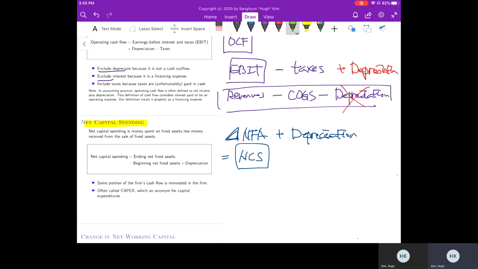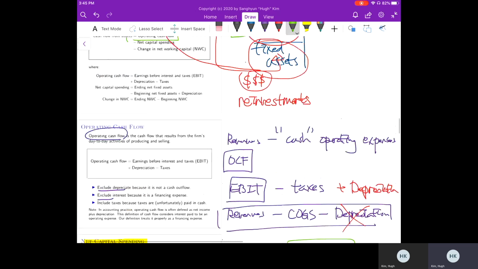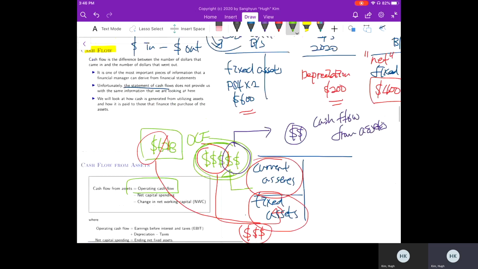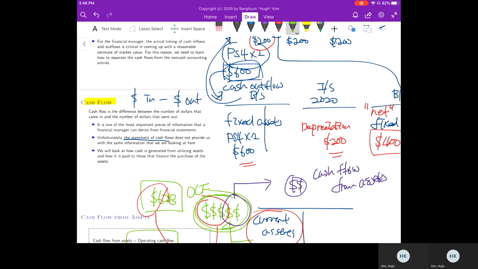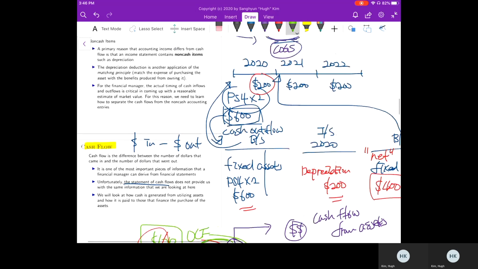And let's see why we have to do this depreciation adjustment. To see this, let's go back to our video game example, which is here.